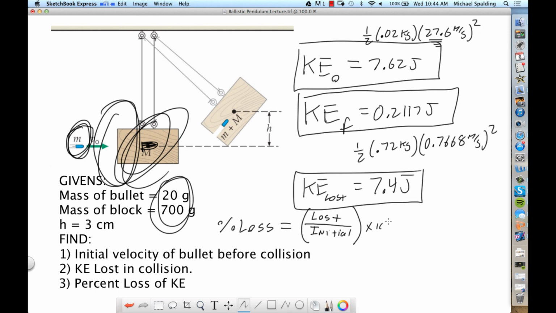Divide by what you started with. So let's apply that to this problem. How much kinetic energy did we lose? About 7.4. How much did we start with? About 7.6. Times that by 100, it's about 97%. 97% of the initial kinetic energy was lost.